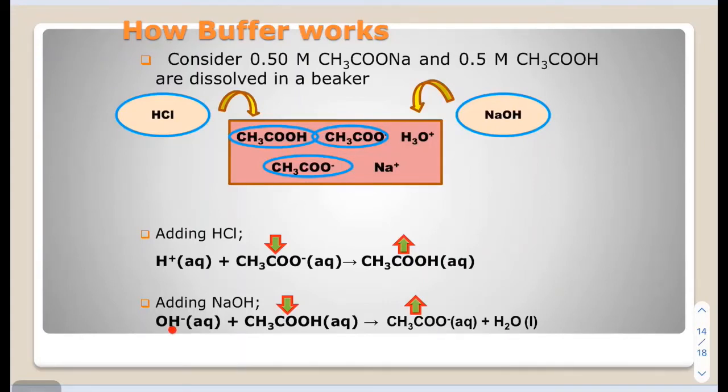Since the hydroxide that is added needs to react with the acetic acid, the concentration of the acetic acid will decrease and it produces acetate, so the concentration of the acetate ion will increase. That's what happens during the addition of a small amount of acid and base in a buffer system.